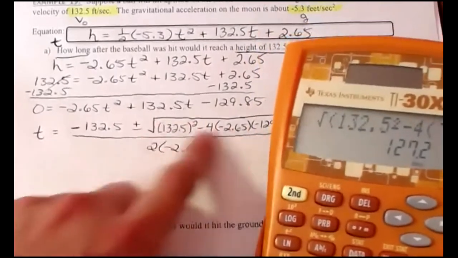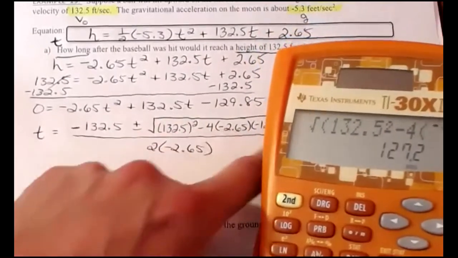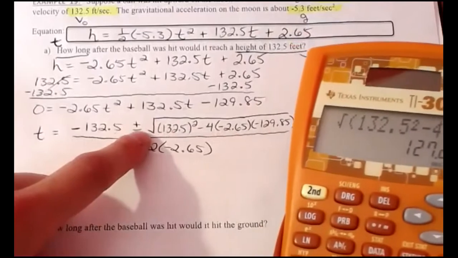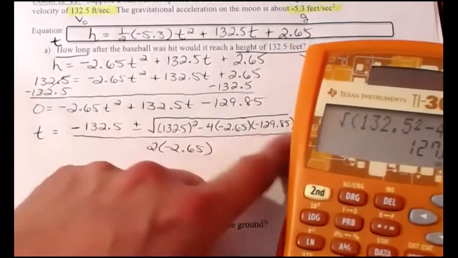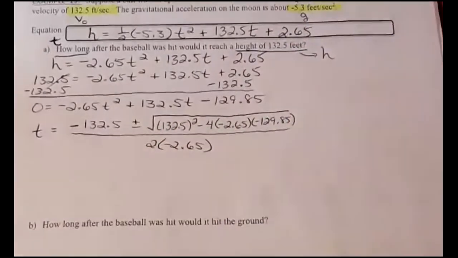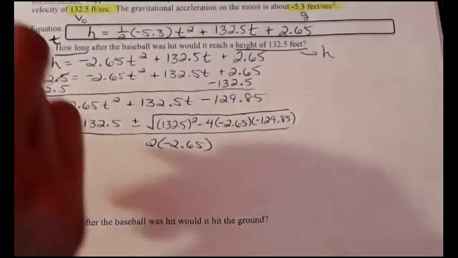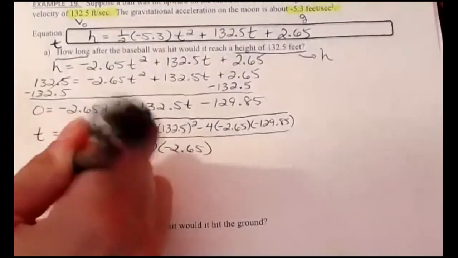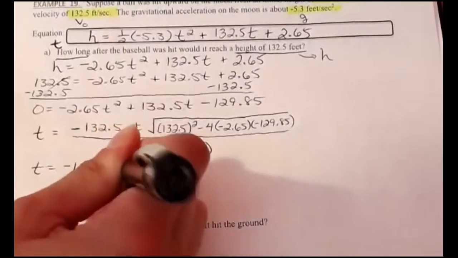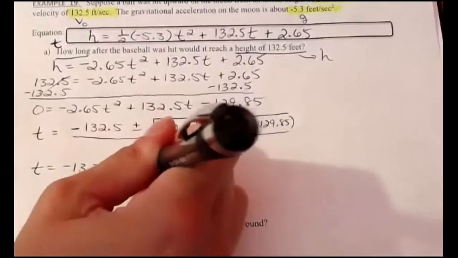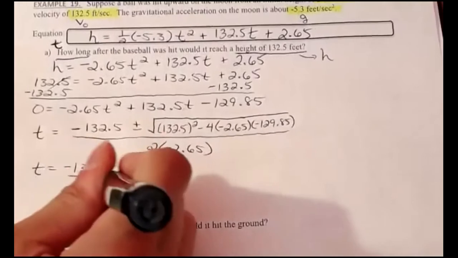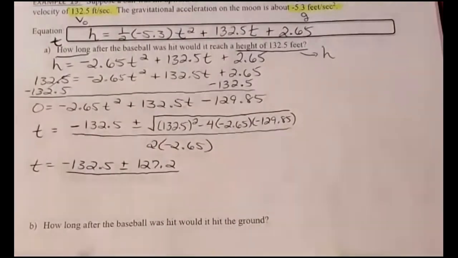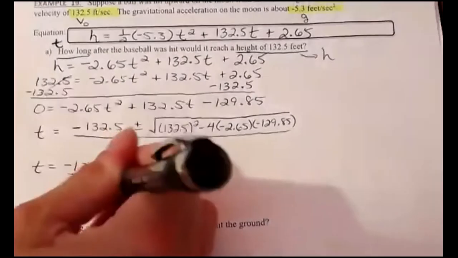That's the square root of the entire expression here. That's going to be incredibly helpful if you just do this in one fell swoop. So now what we have is T is equal to negative 132.5 plus or minus 127.2 all over 2 times negative 2.65. That's going to give me negative 5.3.